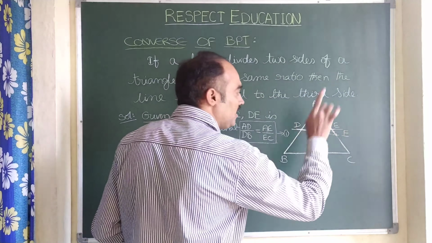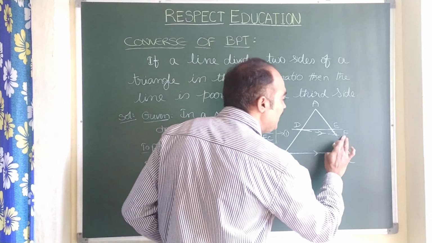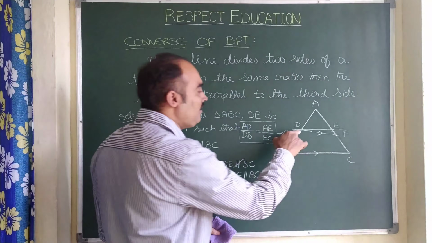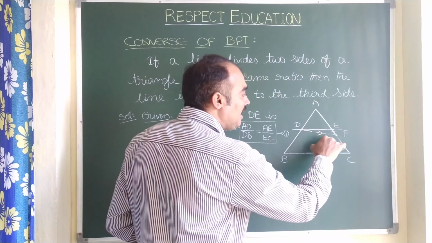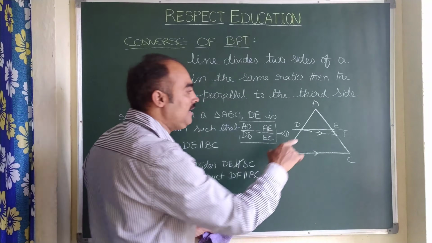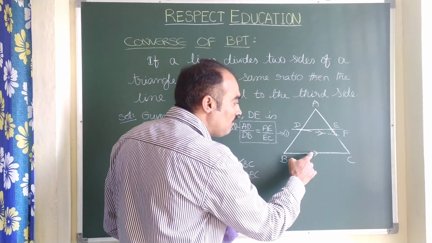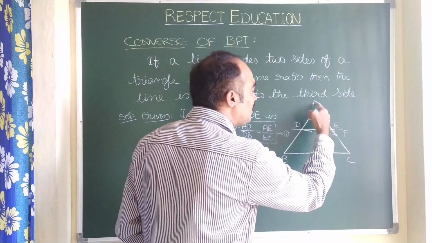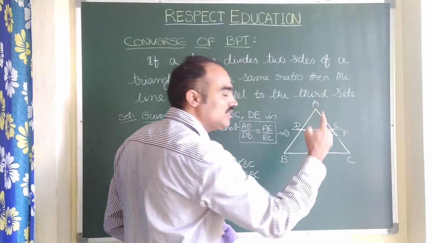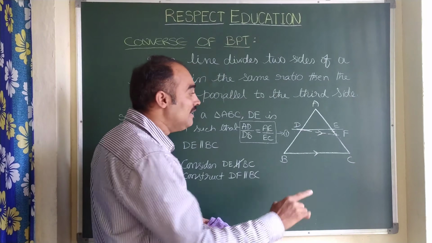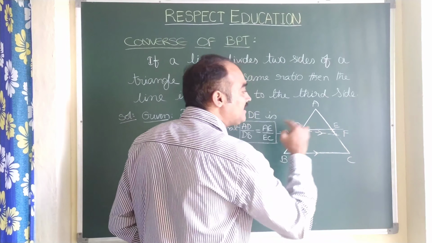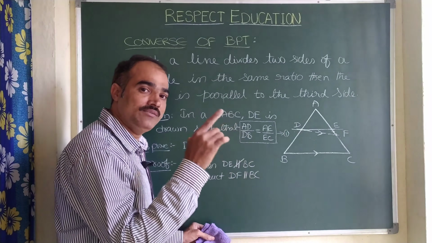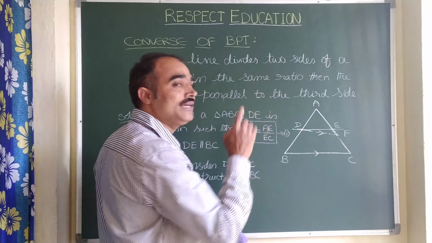Now DE is not parallel to BC, no problem. Here DF is parallel to BC. Right. Now here a line is drawn parallel to one side of a triangle which intersects the other two sides of the triangle at two distinct points, those are D and F. Then this DF divides the other two sides in the same ratio, that we have already learnt, that is the BPT theorem.